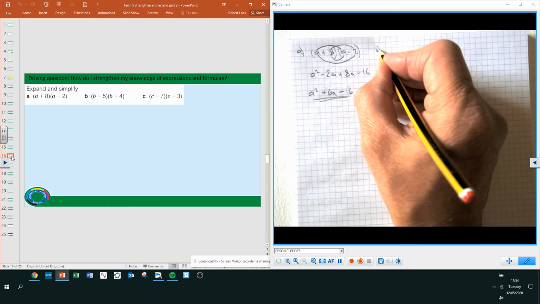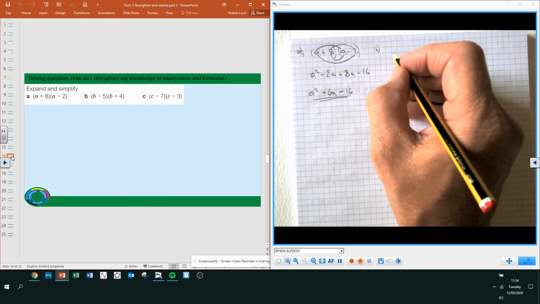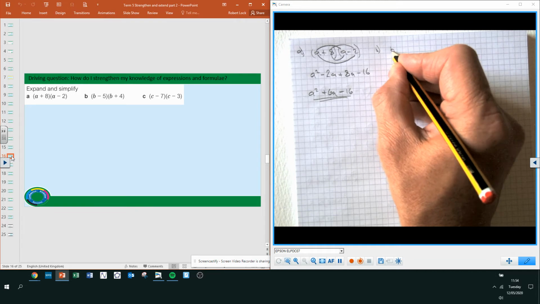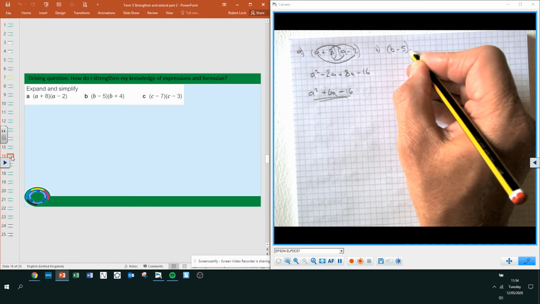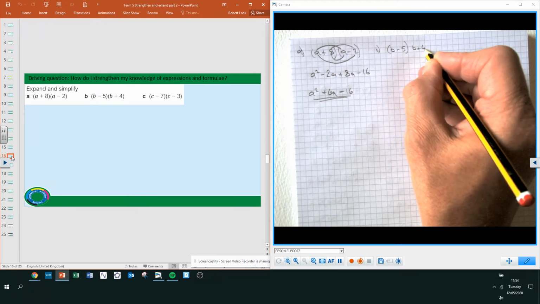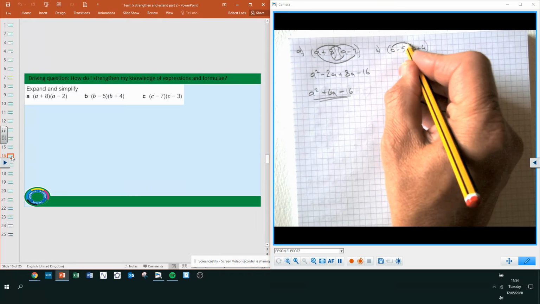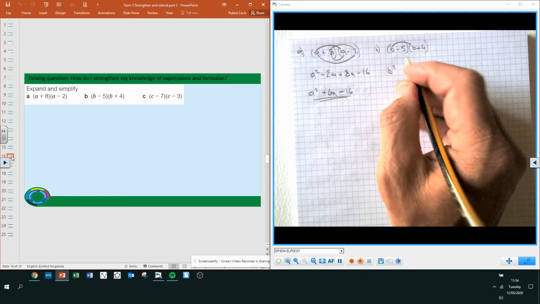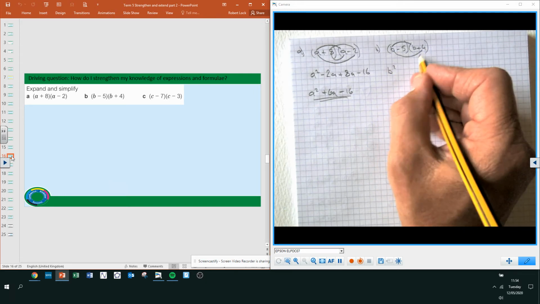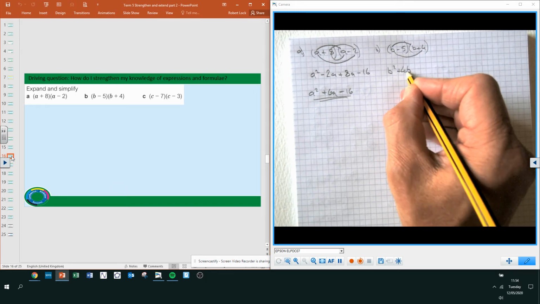B. B minus 5, B plus 4. Multiplying out the brackets. B times B is B squared. B times plus 4 is plus 4B.